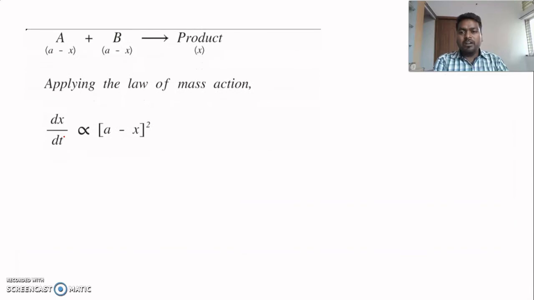After applying the law of mass action, we know that the rate of a reaction is nothing but the change in concentration of a product with respect to time, which is mathematically indicated as dx by dt.